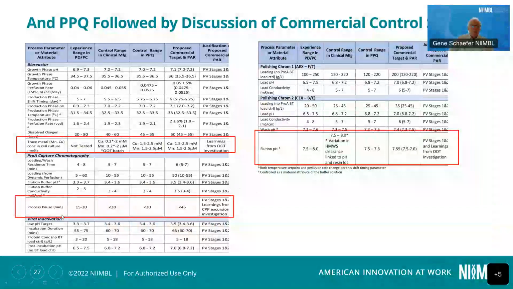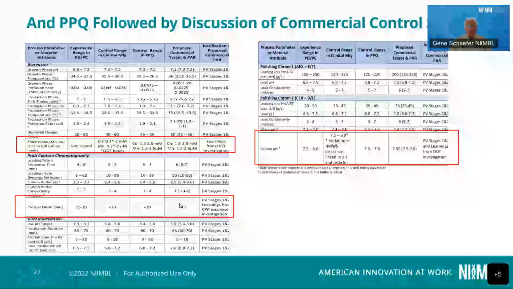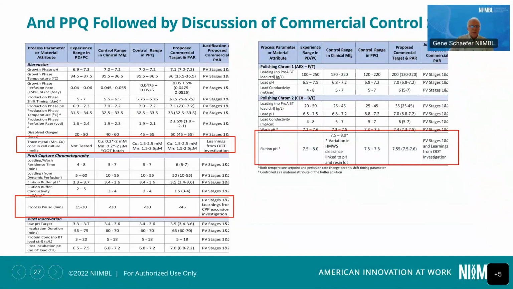And finally, there was an event we talked about in the case study where you had a longer pause in the process during one of the clinical runs, going back to the lab to support that with additional small-scale data. That range was extended for the commercial controls.